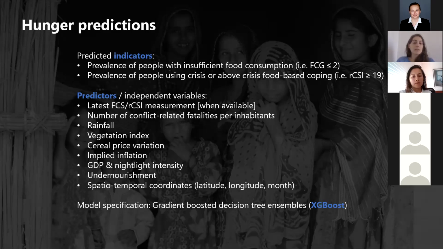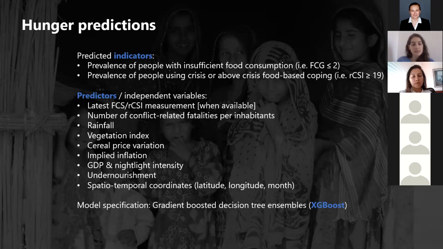And for the way we train the model, for all the places and times for which we have an FCS measurement, for example, we build a vector with all of these metrics. And the resolution is at admin1 level.